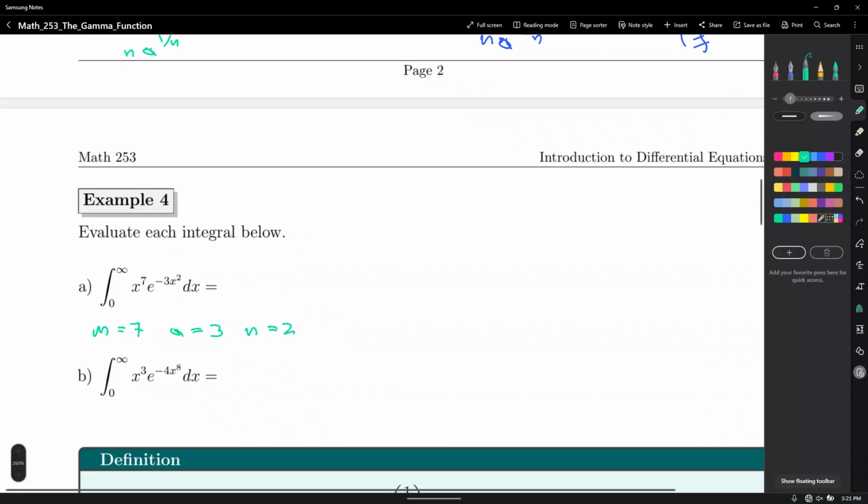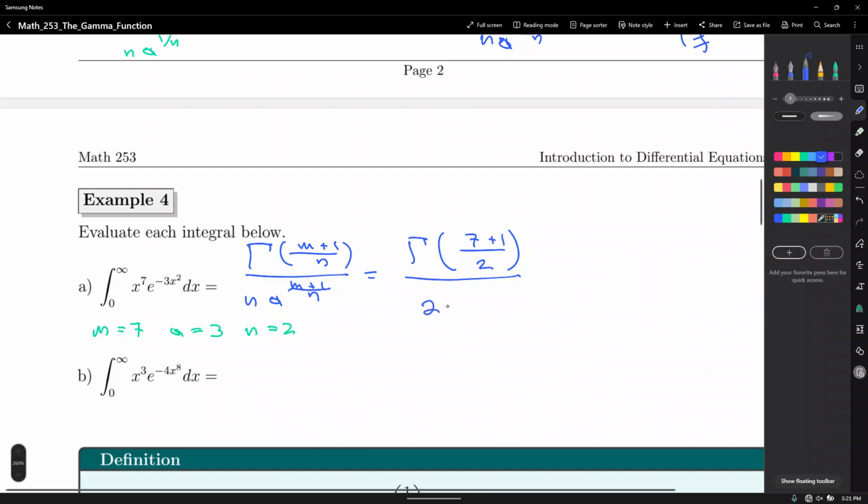I'm going to write the formula only once: gamma of (m plus 1) over n, divided by n a to the (m plus 1) over n. So that's gamma of (7 plus 1) divided by 2, divided by 2, what's n again?